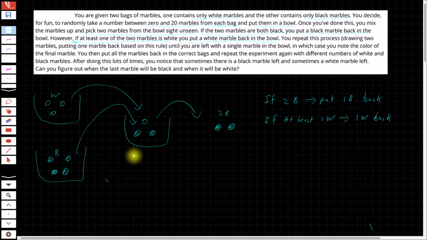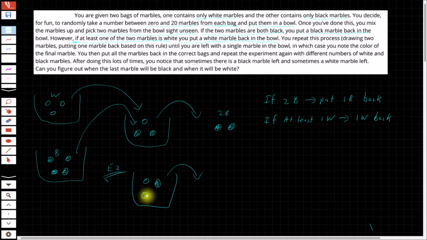But what about experiment 2? What happens if we pull out a two white? So we've taken one black and two white.